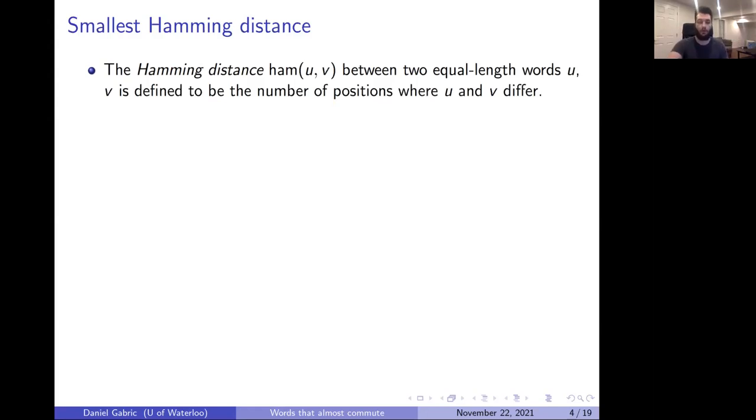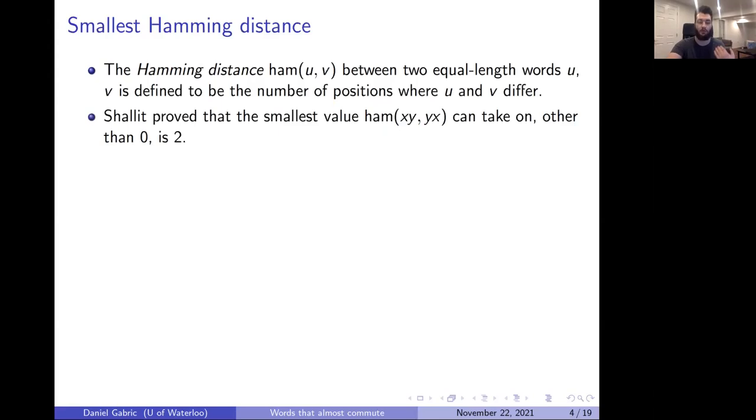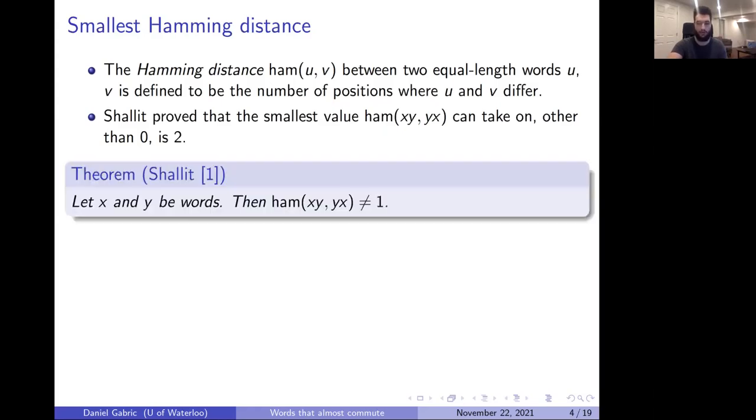Now, when the Hamming distance between xy and yx is 0, that's just x and y commuting. One might think that the next smallest Hamming distance that xy and yx can take on is 1, but that's not true. It's actually 2. That's by a result proved by Geoffrey Shallit. The theorem shows that the Hamming distance between xy and yx can never be 1.